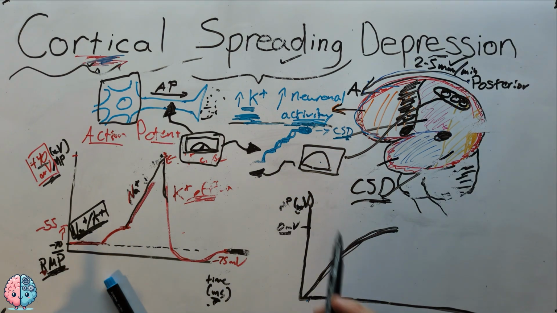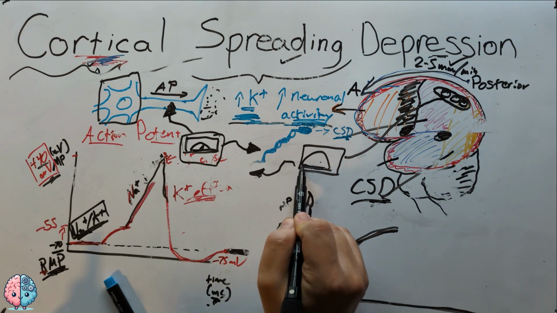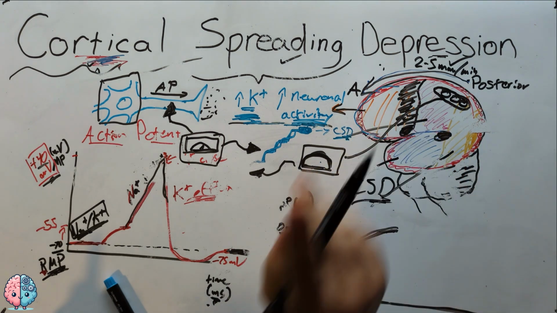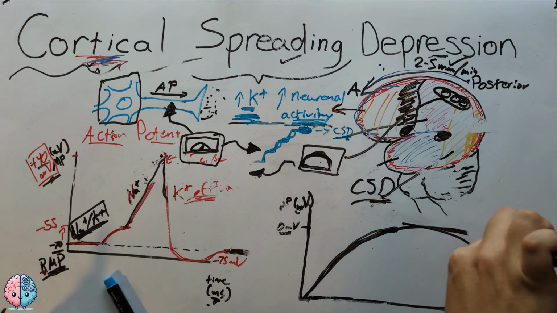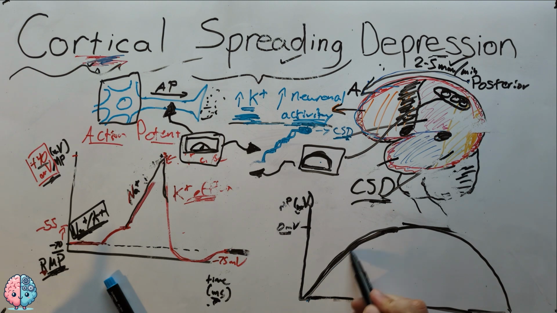So don't confuse the depolarization, which is the measurement we see here, with depression, which we didn't talk about yet. This depolarization phase lasts about a minute or more, and then it's followed by a long depression. You see how it's followed by a long depression? Let me put it on the screen here, even though it's long. Just assume it goes past it. So we have depolarization here, but depression here.